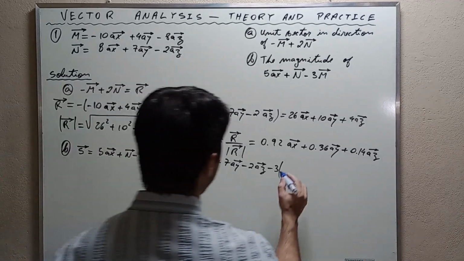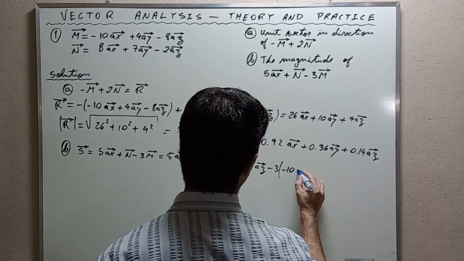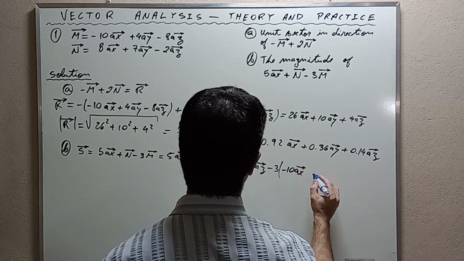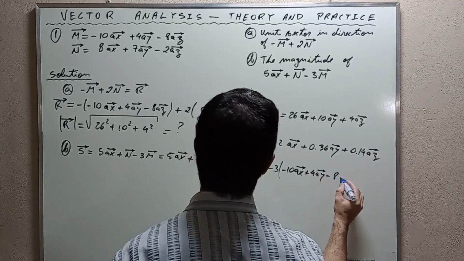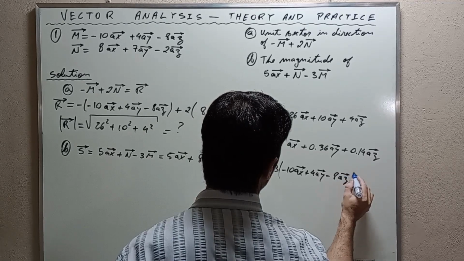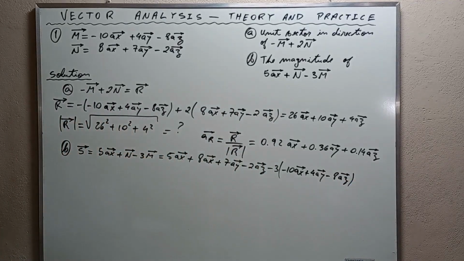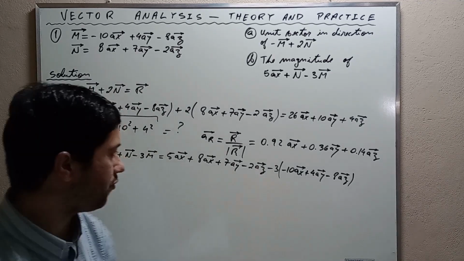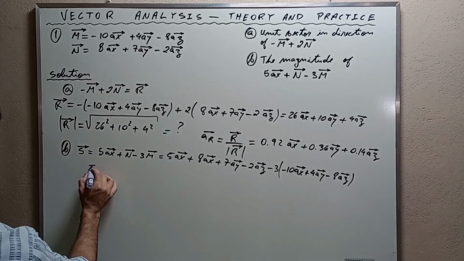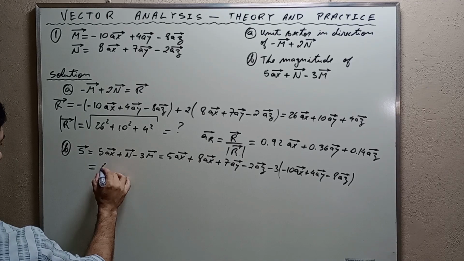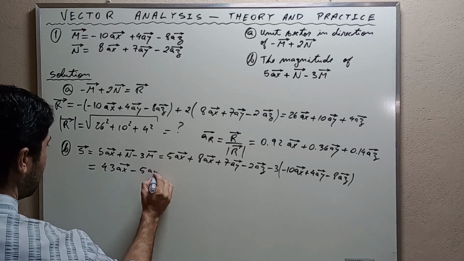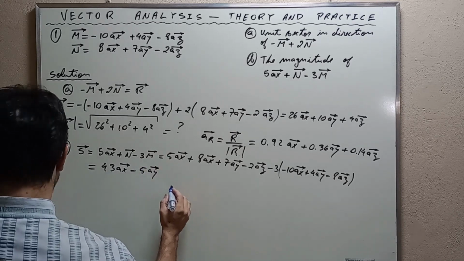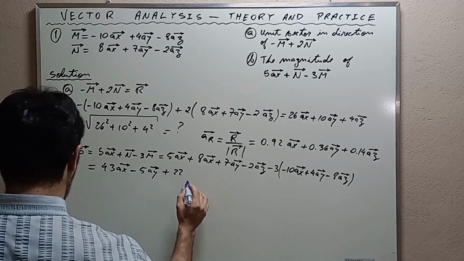M is negative 10 AX plus 4 AY minus 8 AZ. After doing this, we find that it is 43 AX minus 5 AY plus 22 AZ.